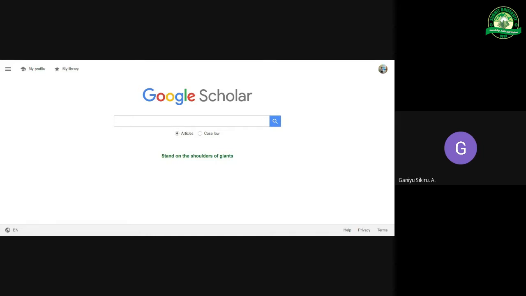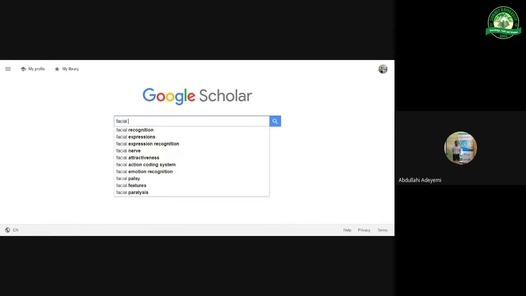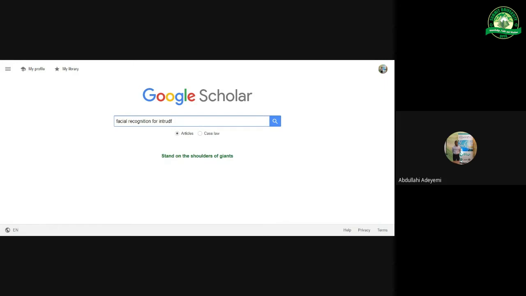Computer vision, also. That's very good. Okay, let's see. Facial recognition for intruder detection.